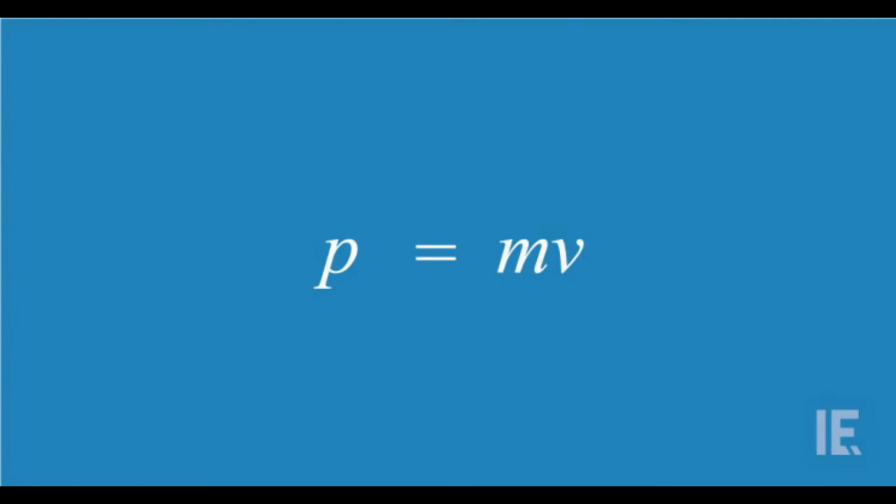The momentum of a body is defined as the product of mass and velocity.